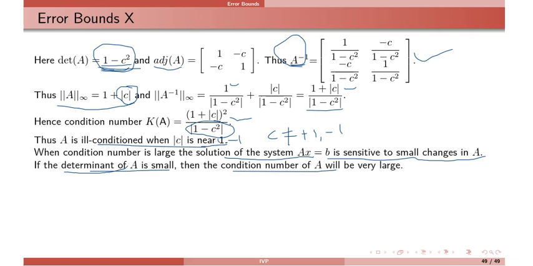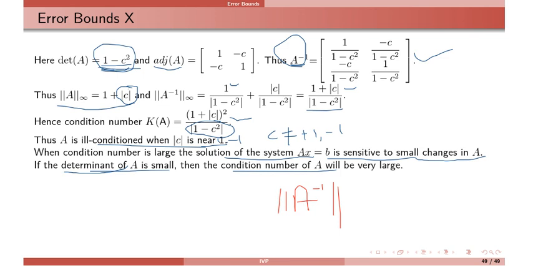So you are calculating A inverse, you are calculating norm of A inverse. In other words, norm of A inverse is inversely proportional to the determinant of A. So if the determinant is small, the condition number will be bigger.